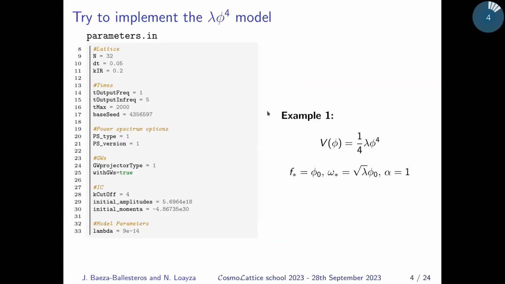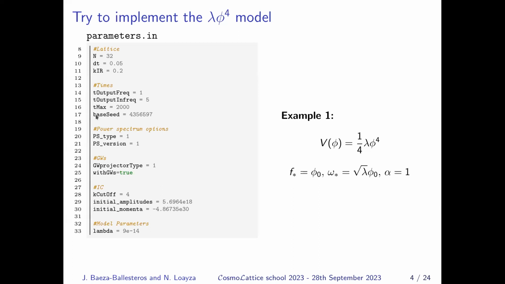When you run a simulation in CosmoLattice, by default, the initial conditions that we use are randomized. The base seed parameter indicates which random seed you want to use. You don't have to specify it, and if you don't, the program will just generate a random initial seed.